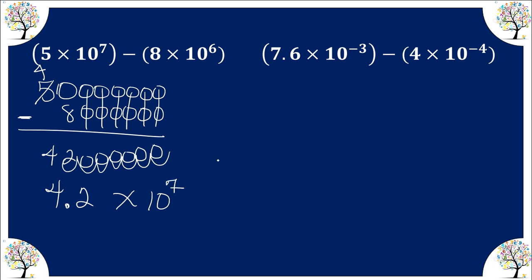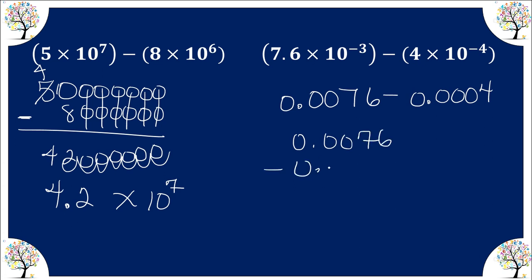We have 7.6. I want to move the decimal 3 places to the left. 1, 2, 3, minus, I have 4. I'm going to move the decimal 1, 2, 3, 4. We're going to subtract.